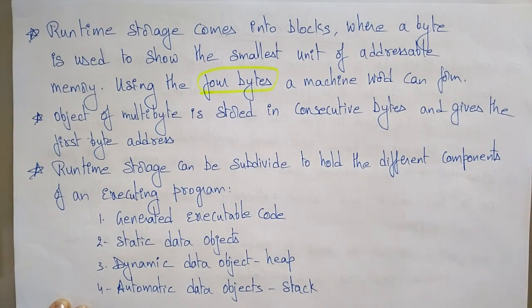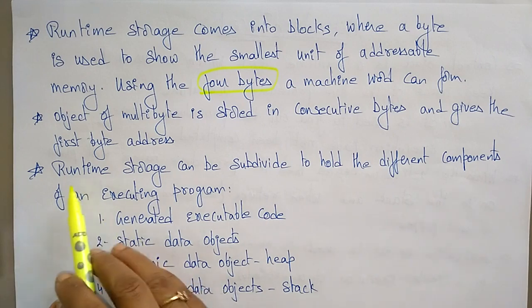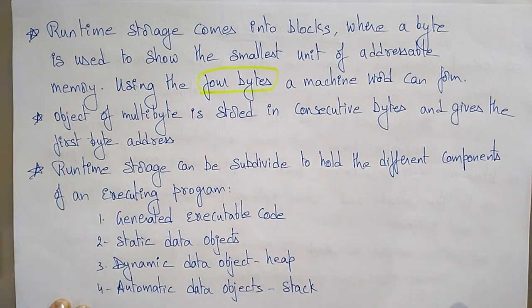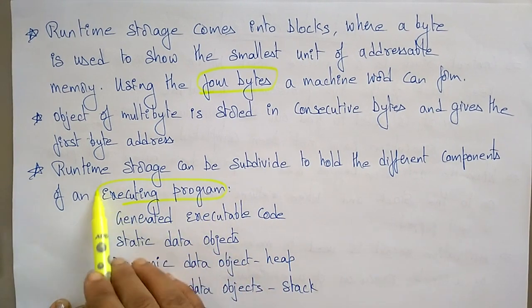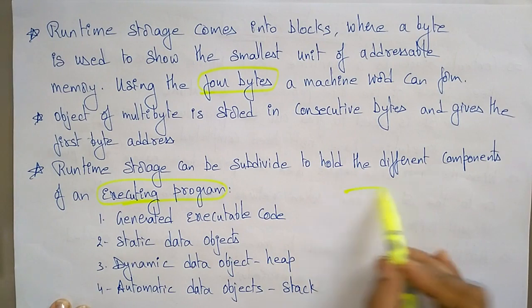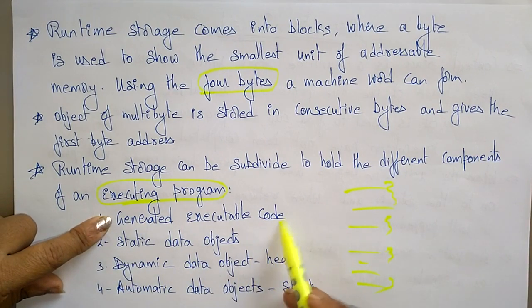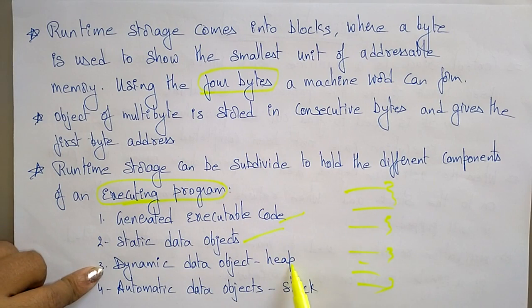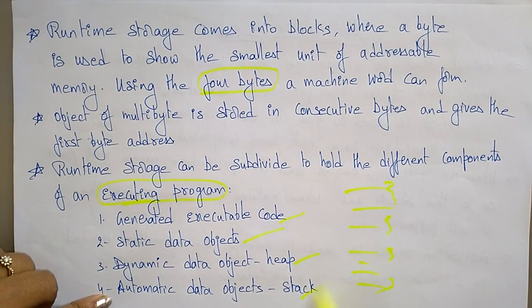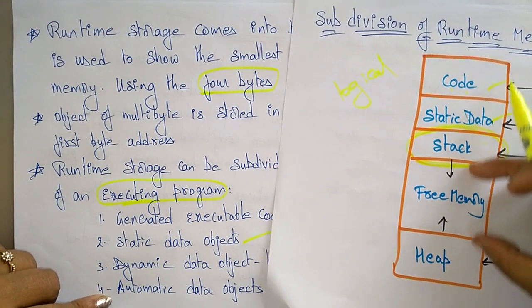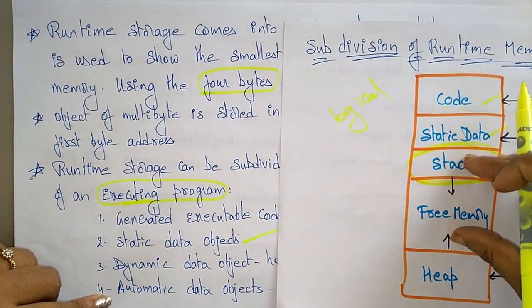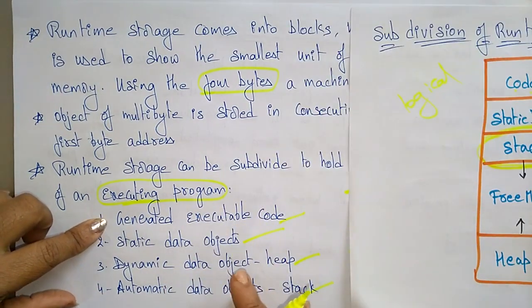Whatever program you want to compile and execute, the runtime storage is subdivided to hold its different components, so the complete program is divided into different components: generated executable code, static data objects, dynamic data objects (heap), and automatic data objects (stack). This is the subdivision of runtime memory, written here in points.